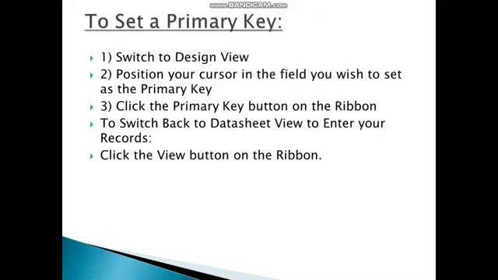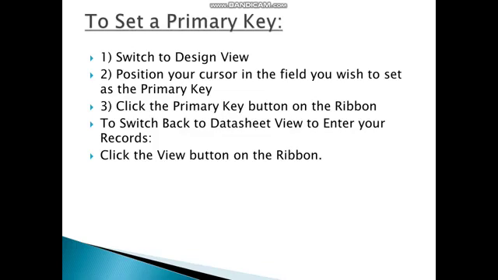To set primary key, what you have to do? Switch to Design View. Then position your cursor in the field you wish to set as primary key. Click the primary key button on the ribbon.